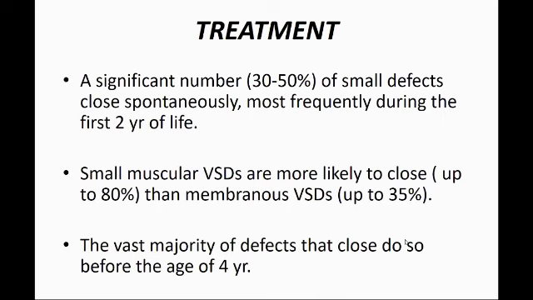Among the different types of VSDs, small muscular VSDs are more likely to close spontaneously, that is, up to 80% of small muscular VSDs, while up to 35% of membranous VSDs can also close spontaneously. So we can wait for the closure of the defects before the age of 4 years. But if the patient is symptomatic, we have to go for medical and surgical interventions.